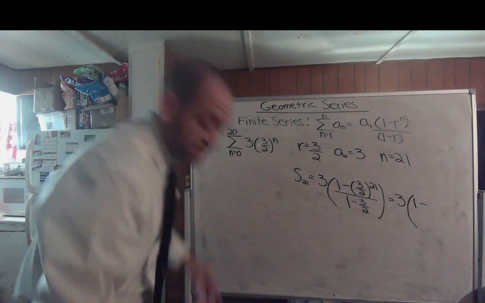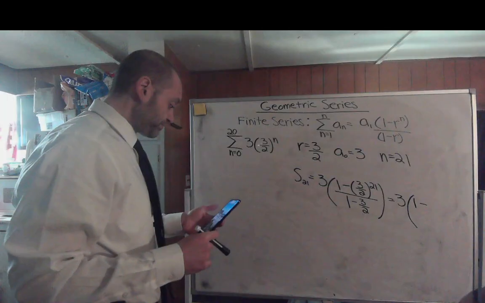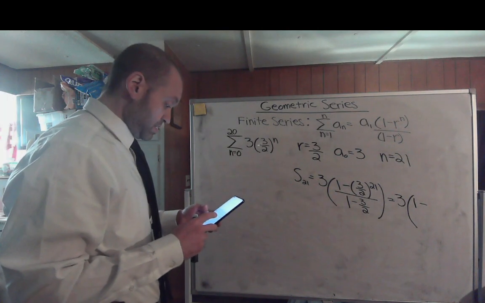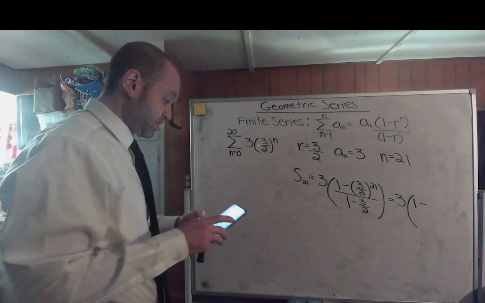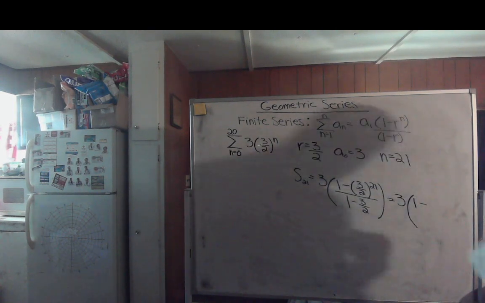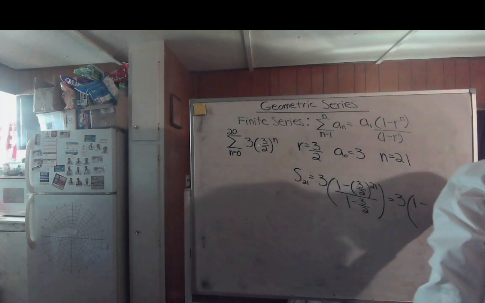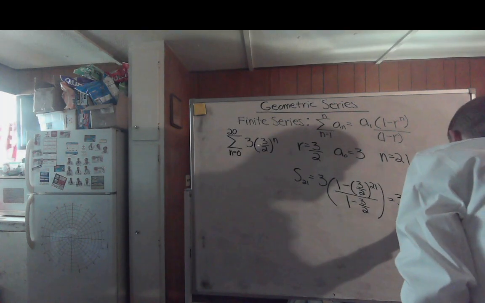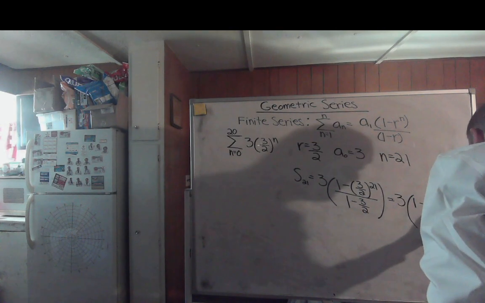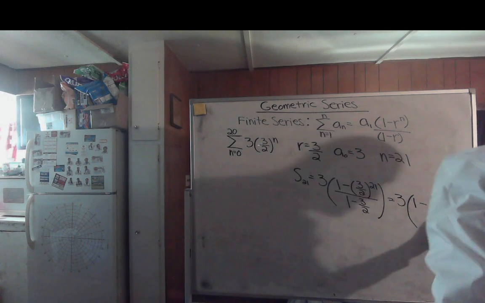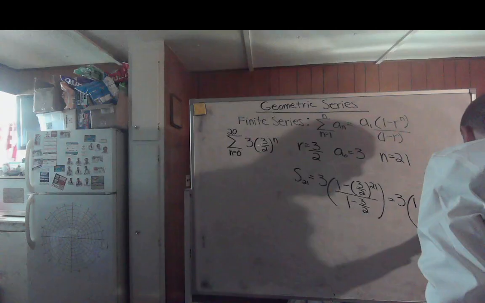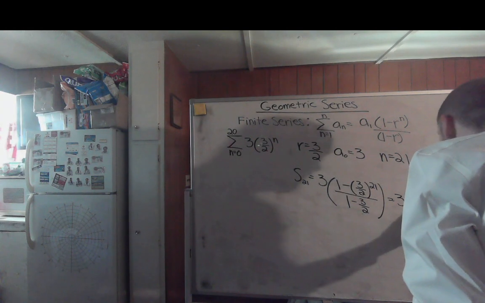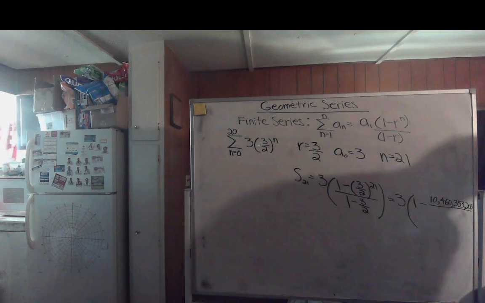I'm not looking forward to seeing this one. Let's see, 3 to the 21st. Oh gosh, this is horrible. As I thought it would be. This will be 3 minus 10 billion 460 million 353,203 all over, let's take 2 to the 21st.